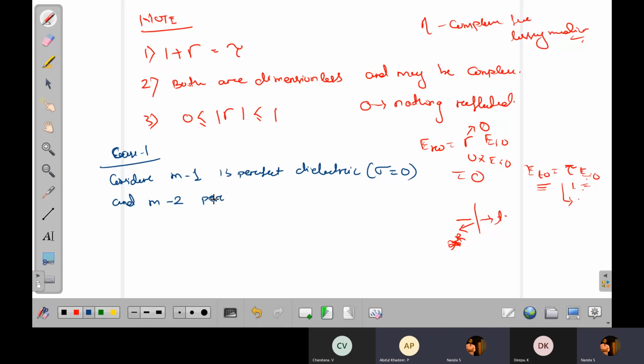Sir, that range you wrote, is it only for the reflection coefficient, or is it applicable for both the reflection coefficient and transmission coefficient? No, no, reflection coefficient. The transmission coefficient we will derive later. But here you wrote ET0 equals tau of EI0.